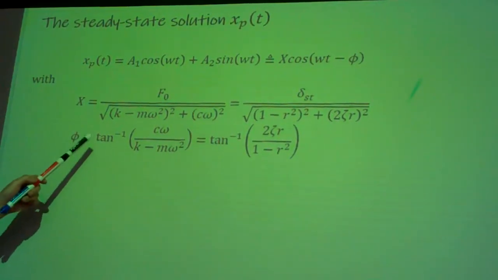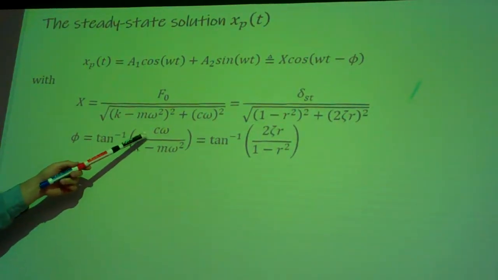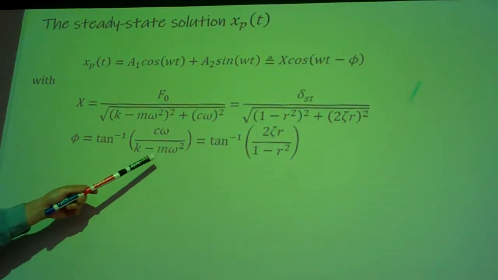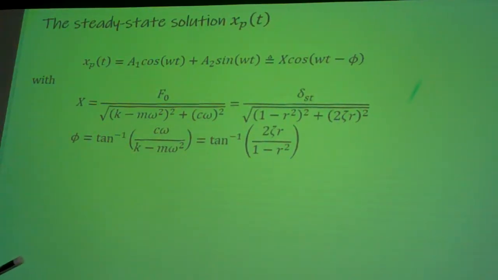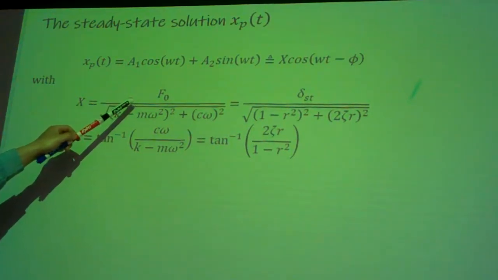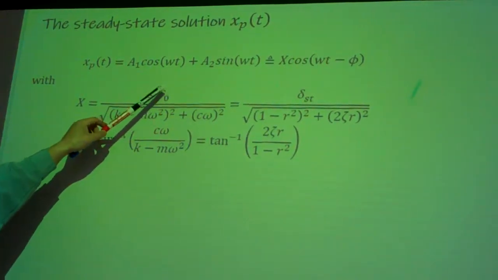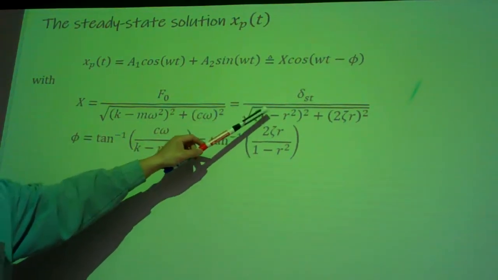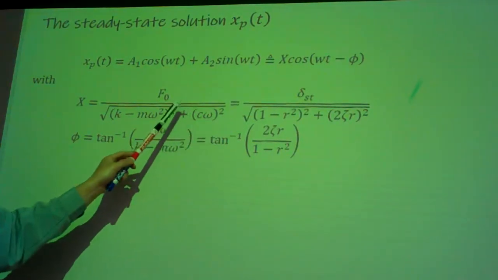Again, for the phase angle phi, if we take this form, the phi will be an arctangent, determined by the system's parameters C, K, and M, and also by the excitation, that is omega. Okay. And on the other side, to get this term, we simply divide numerator and denominator by K. Later I'm going to show you why we get this one, but simply, this is the identical form of this one.